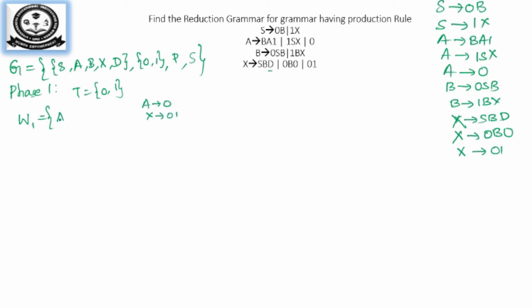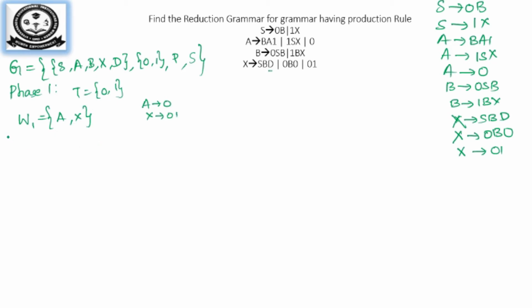So we'll include A and X in our set. Any other terminals that can be derived over here? No, so we'll close the rules. No other rule is deriving a terminal symbol. Others are having non-terminals on their left side or right side. So we'll close W1 over here.